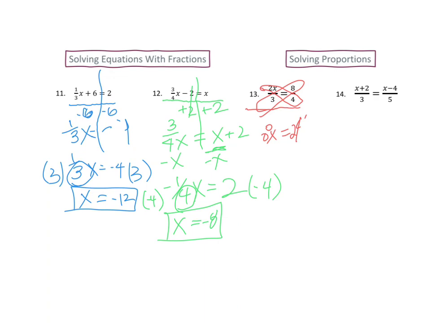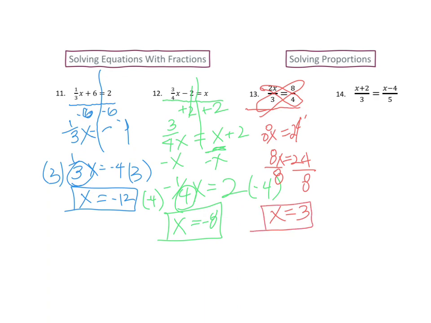So I have 8x equals 24. I'm going to rewrite it. It was a little unclear up there. Now, to solve this, I divide both sides by the number in front of x, which is 8. And I get x equals 3. Is that what you got? I hope so.